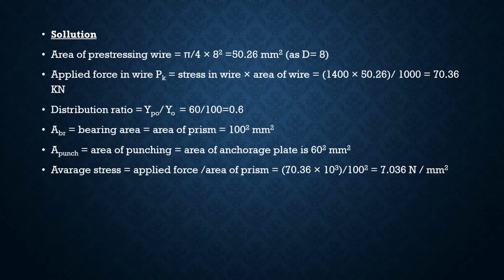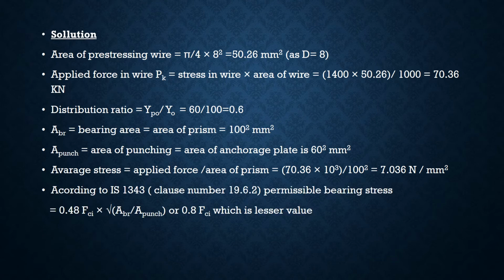So 70.36 into 10 to the power 3, in CGS unit, divided by 100 square, which is the area of prism. We will get the average stress, it is 7.036 Newton per millimeter square.